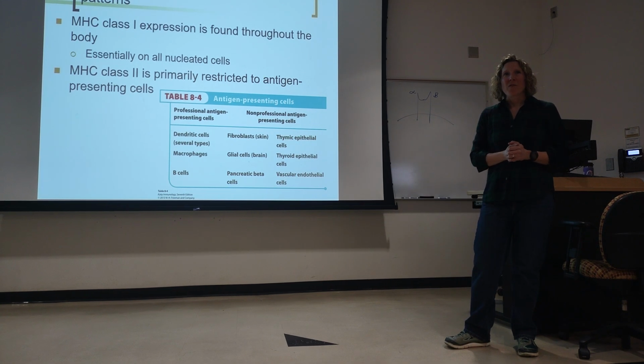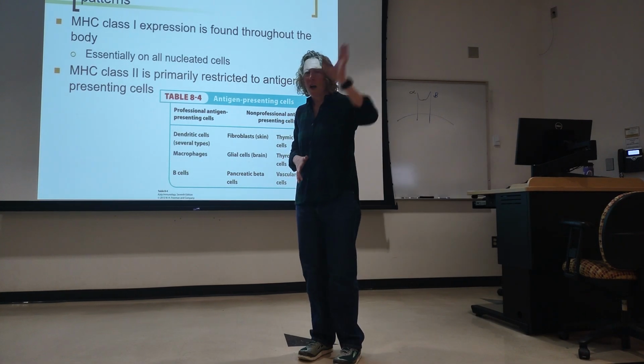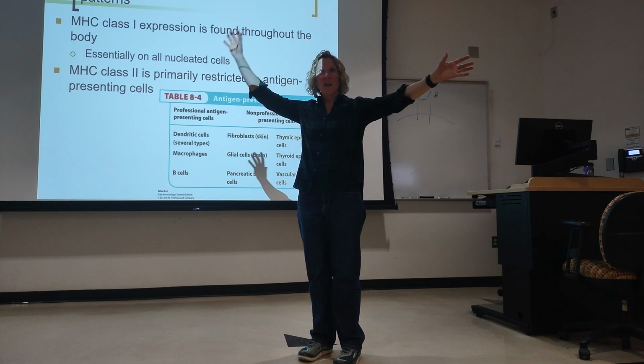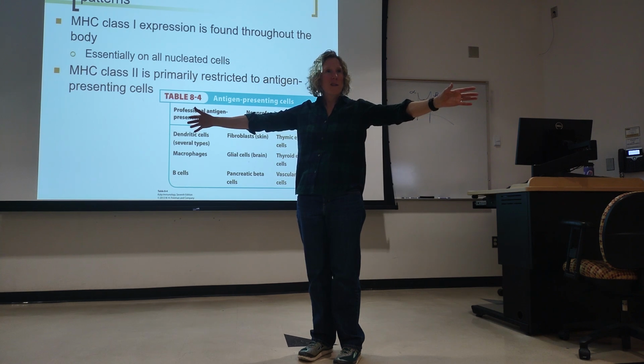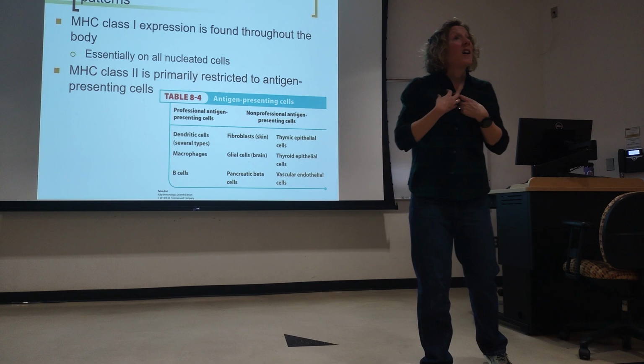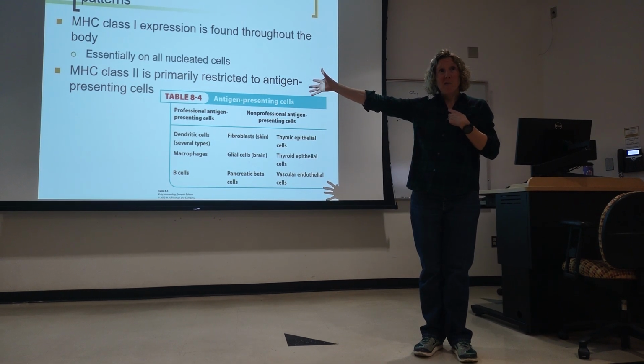This is really important for a phenomenon that I'm going to talk about in a little while that specifically dendritic cells do. But we know, right, that cytotoxic T cells engage with class 1 receptors and helper cells engage with class 2 receptors. If I am a dendritic cell, I can collect information and display it through a class 2 molecule.